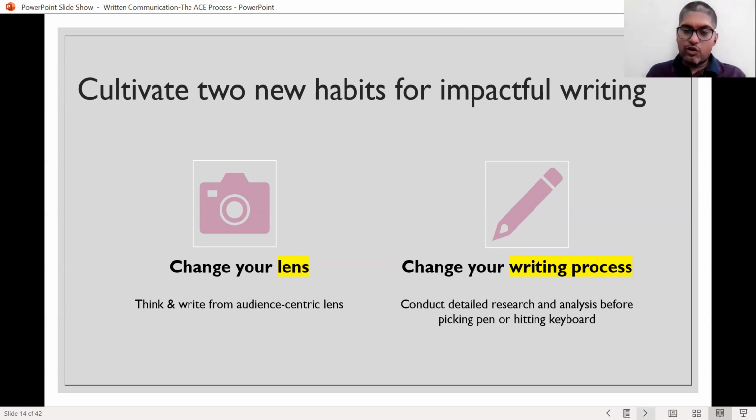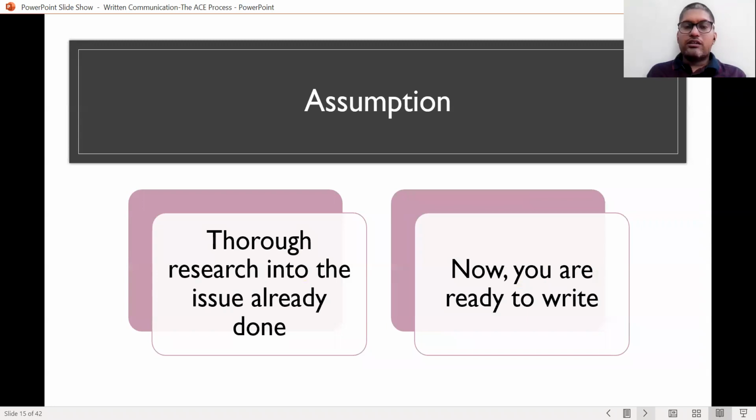That is a different process that we usually do not follow, but I found it to be really effective. The assumption here is that before you start the analyze stage, the analysis of the data and of the issue has already been done. We have already done a thorough research into the issue.